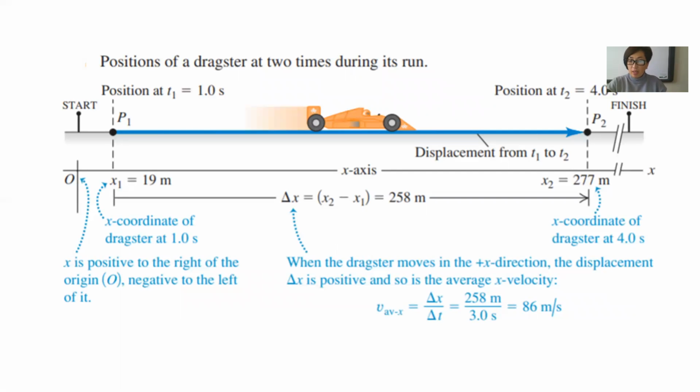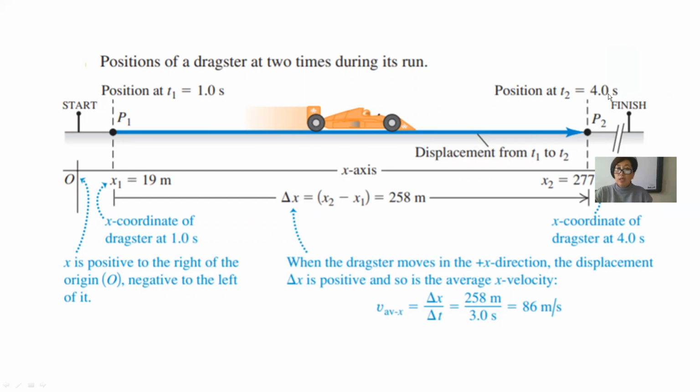Maybe the first point is the start, and the second point is the finish point. We take one car, point P1, and the position at the first time equal 1 second. And second point P2, the position at the time 4 seconds.